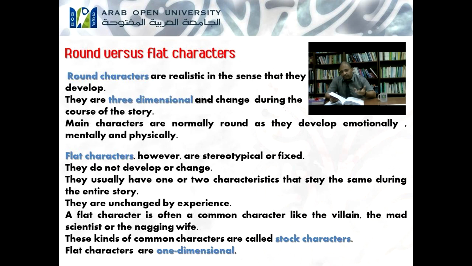If you need examples of round characters, the characters that we spoke about in terms of dynamism are also the characters who are round. Think of the narrator in A Letter from Gaza, and see how realistic he is.